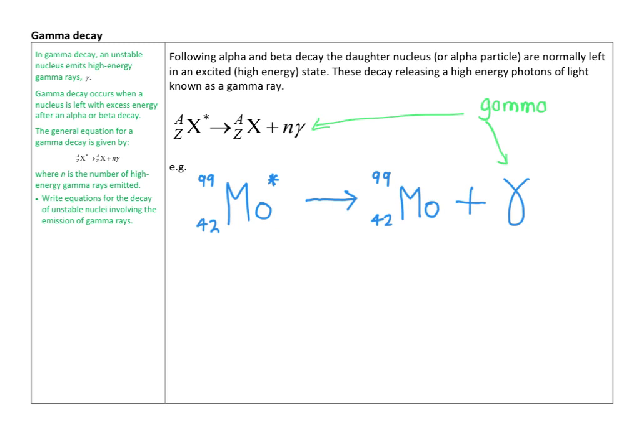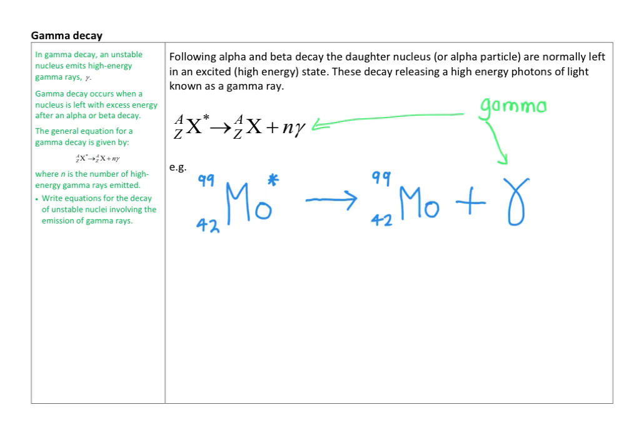So this process will happen whenever you get alpha or beta decay, and in some cases there are some isotopes that basically have these almost natural excited states as well, that are quite long lasting, like molybdenum. That's so it can be made and transported around and used at various hospitals. But yeah, gamma decay basically accompanies all types of decay, and it's just that relaxation of the excited nucleus that's left.